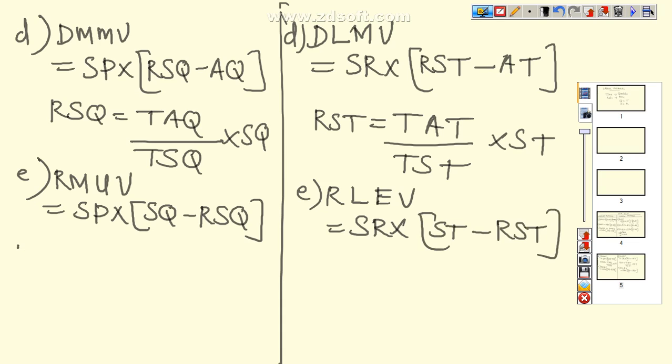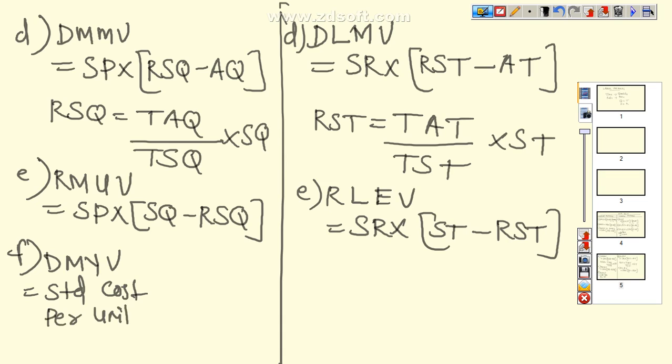Next, direct material yield variance is equal to standard cost per unit multiplied by standard output into total actual quantity upon total standard quantity minus actual output.